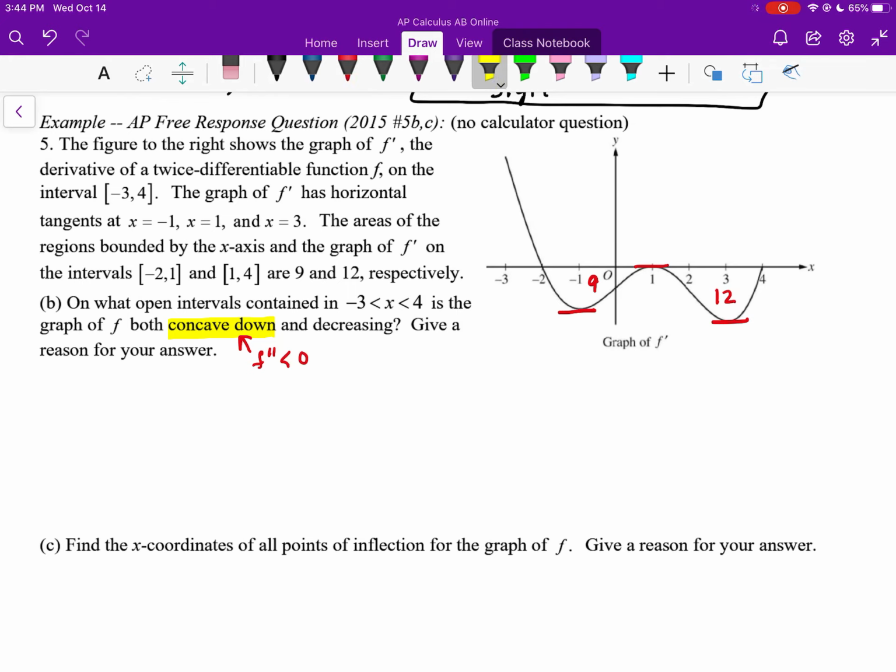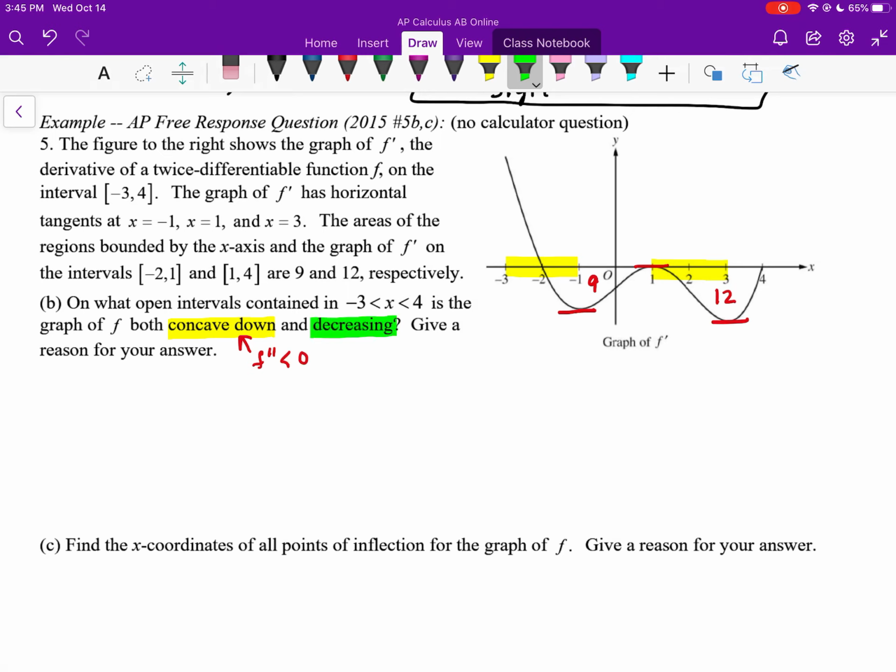And so what ends up happening is in this particular interval between -3 and -1, the slope of f prime, which is the derivative of f prime, which is the second derivative of f, is going to be negative. Similarly, between 1 and 3, this particular second derivative is going to be less than 0. It's going to be negative. Again, the derivative of the derivative is the second derivative. Derivative is slope, and on these portions of the graph, the slope is negative.